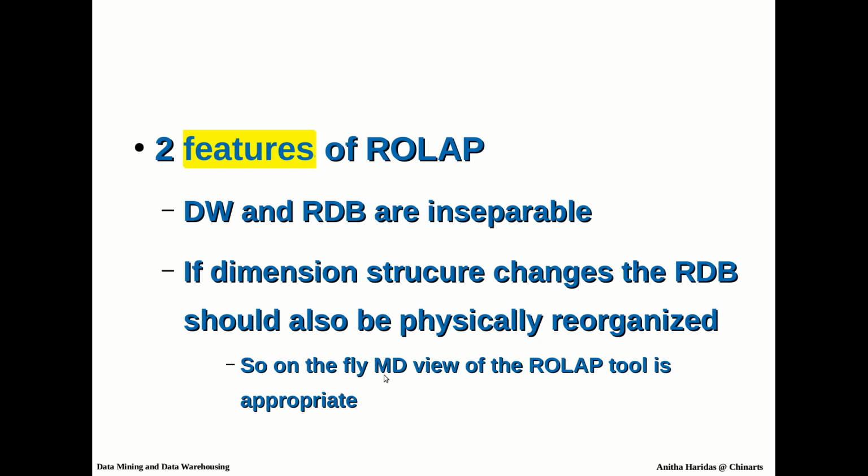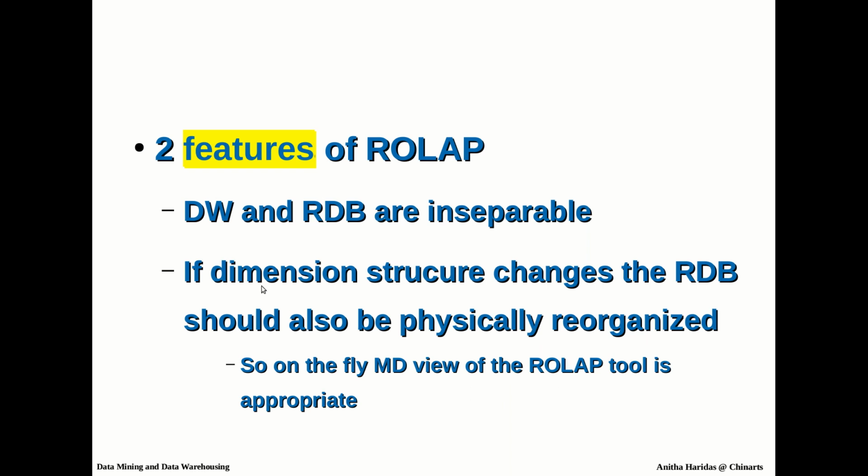So on the fly multi-dimensional view of the relational OLAP tool is appropriate. Whenever we change the request, obviously it has to be reorganized. Based on the request, the data will be reorganized again and again, right?